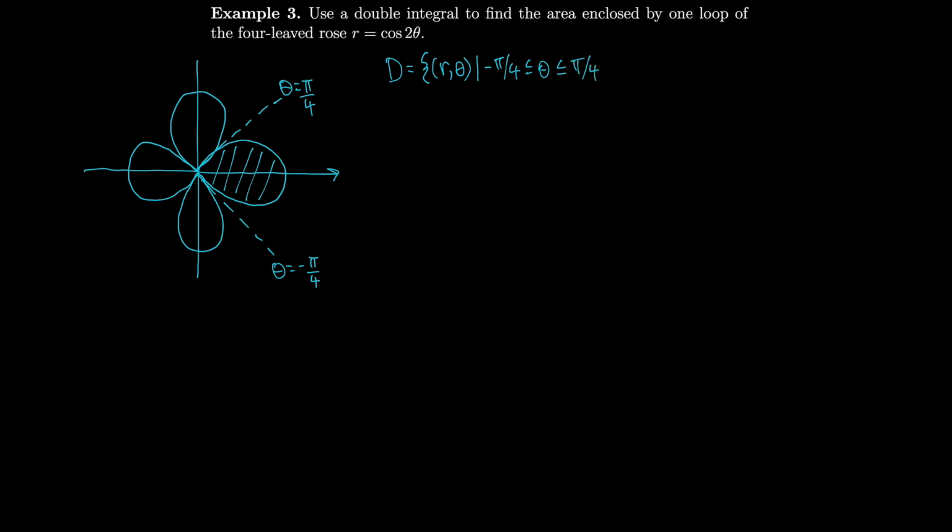Those are my constant limits. And then we have to be a little bit more careful about r, because r is not just one consistent distance away from the origin. In this case, it varies depending on where we are in our function. So r goes from 0 to whatever the r value is, in this case cosine 2 theta. So I should put that r is between 0 and cosine 2 theta.